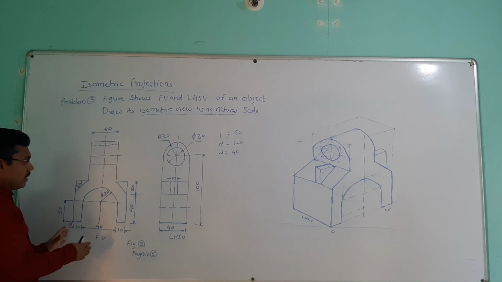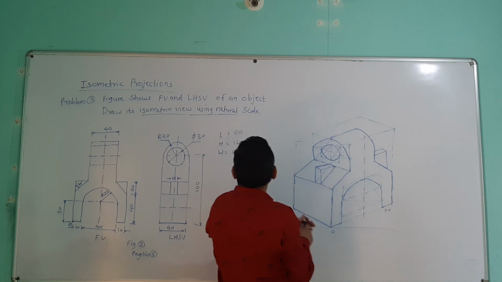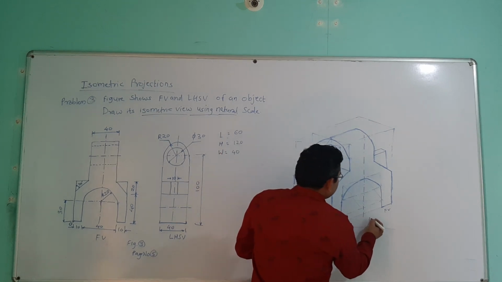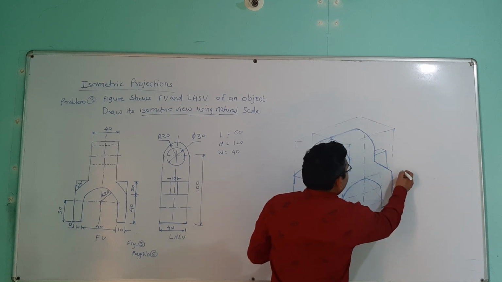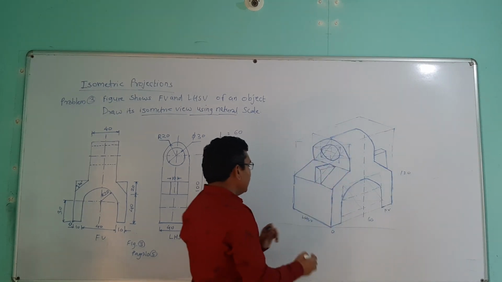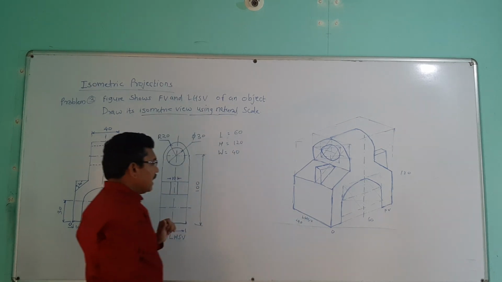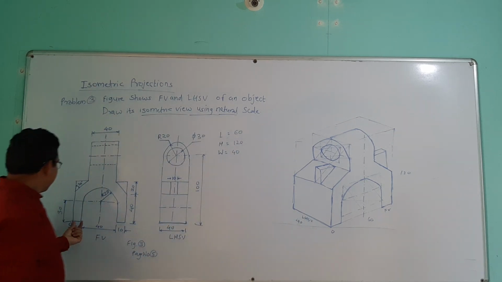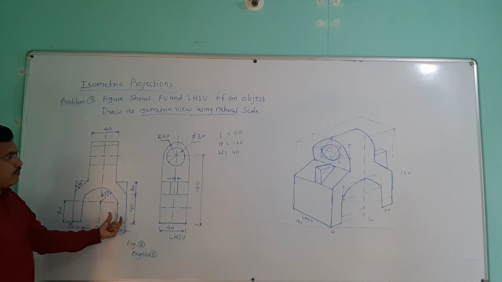So let us mark this origin and the front view of 100, length of 60 by 120 height, and side view by 40 by 120 height. Then these two symmetric flanges.